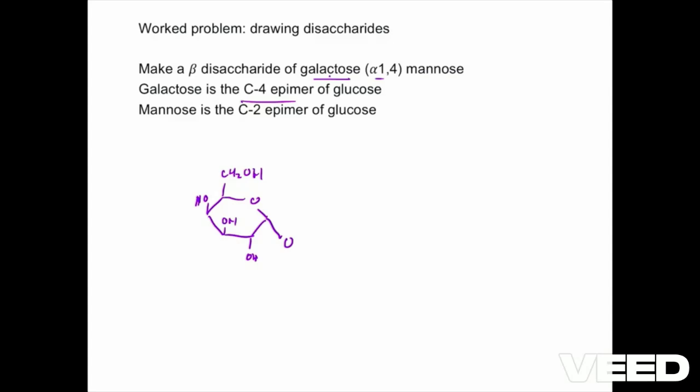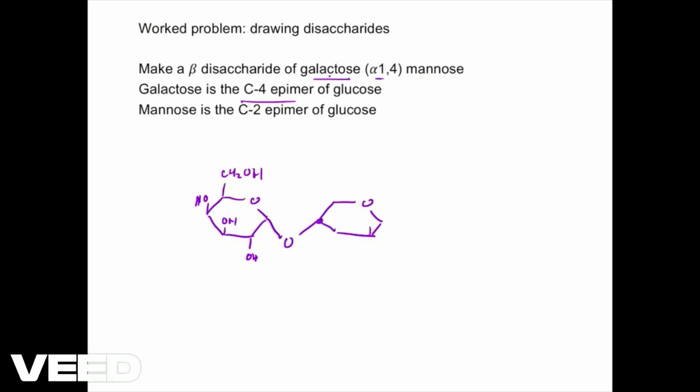And then next we need to draw mannose, and mannose has its carbon 4 pointing down because it's the C2 epimer of glucose. So there's carbon 4 right there pointing down. The C2 epimer is just going to have its hydroxyl pointing up.